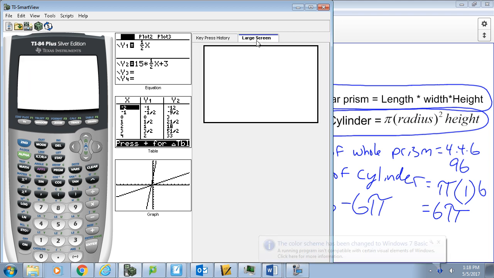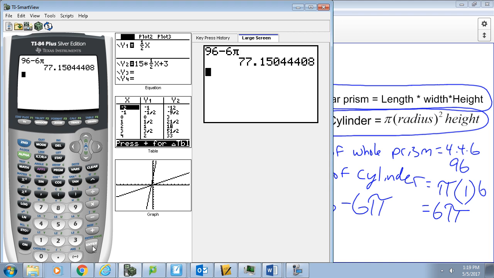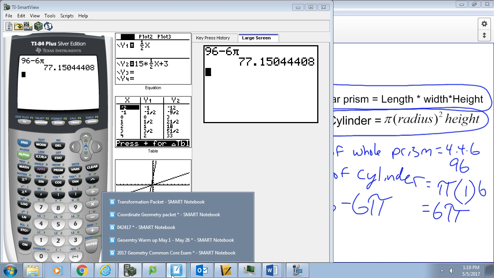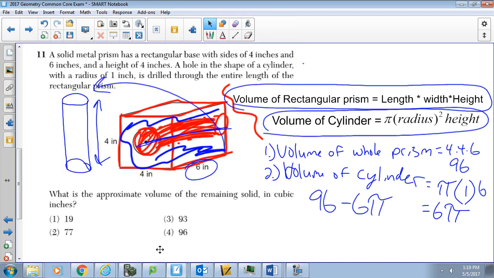And we're going to do 96 minus 6. Now pi is actually activated when you do second and then this button. And you end up with 77. So let's go back. Is that one of the answers? Hopefully it is. And it is 77. All right, so that's question number 11.